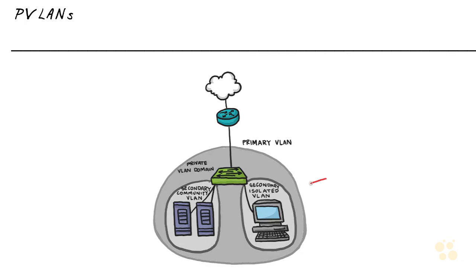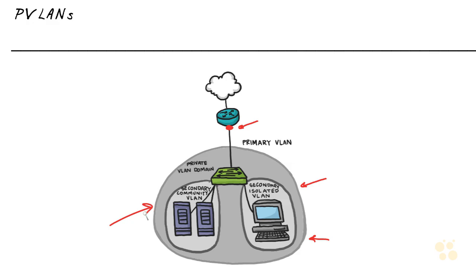There is what's called an isolated VLAN that can only communicate with the promiscuous port. The promiscuous port is that port that would allow such a VLAN member to communicate with the outside world. Notice it cannot communicate with any other device within the primary VLAN.